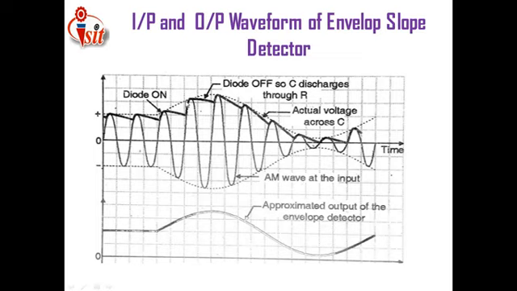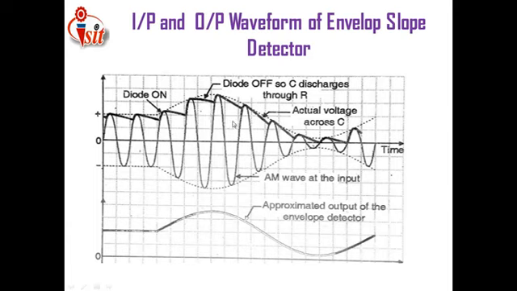If the input signal has a greater value in comparison with the capacitor voltage, the diode is in the charging period, and if the input signal has a lesser value in comparison with the capacitor voltage, the capacitor starts discharging like this. And this is the AM envelope at that point.